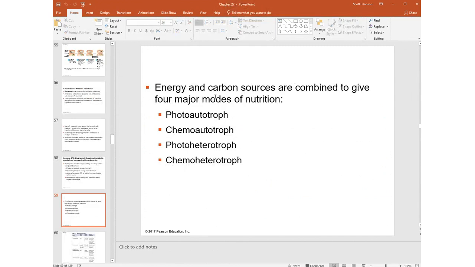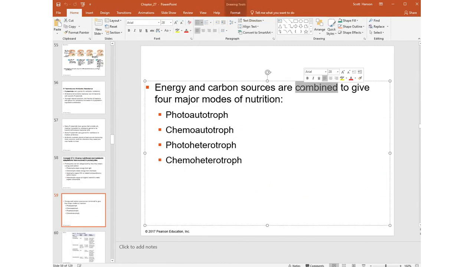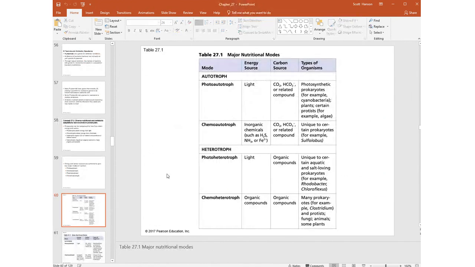Energy and carbon sources are combined to give four major modes of nutrition: photoautotrophs, chemoautotrophs, photoheterotrophs, and chemoheterotrophs. The photoautotroph has light as its energy source, and carbon dioxide, bicarbonate, and other related compounds as its carbon source.